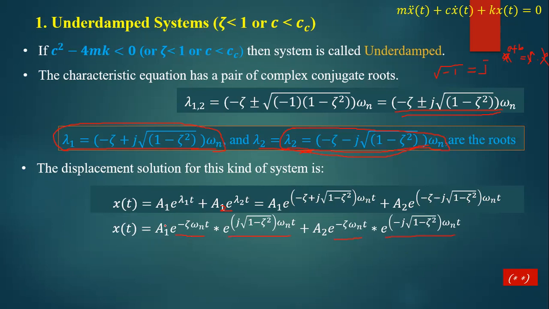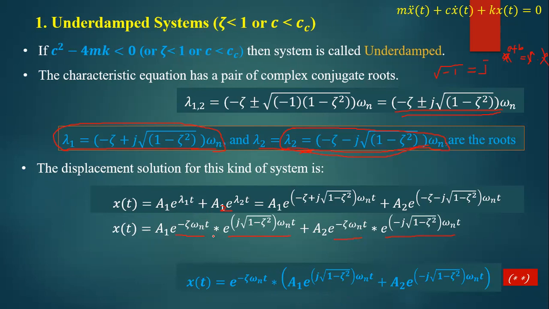So this is the equation. Finally, here it is a similar term, e to the power of minus zeta omega n t.